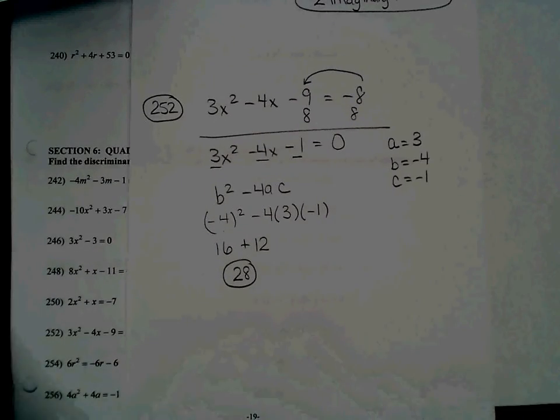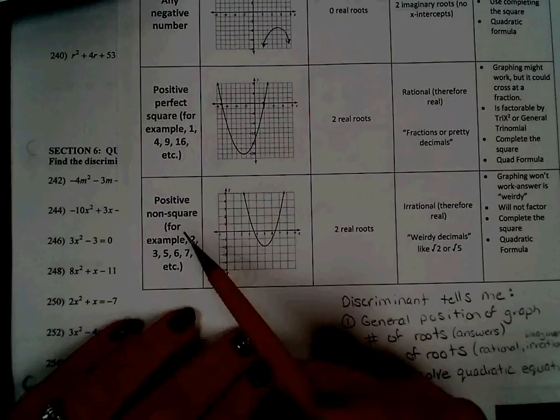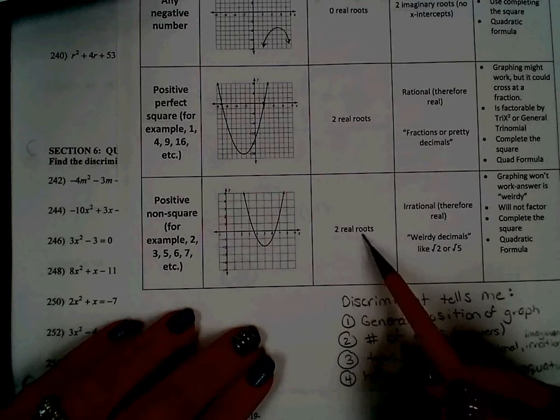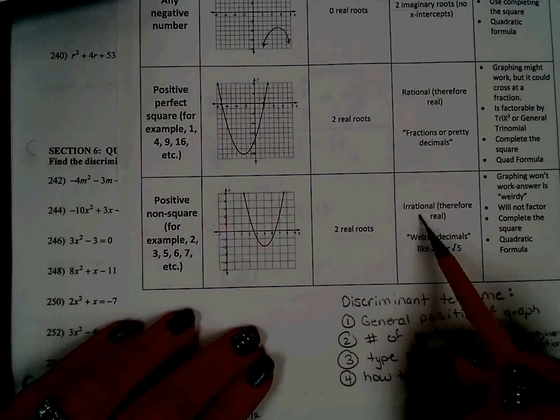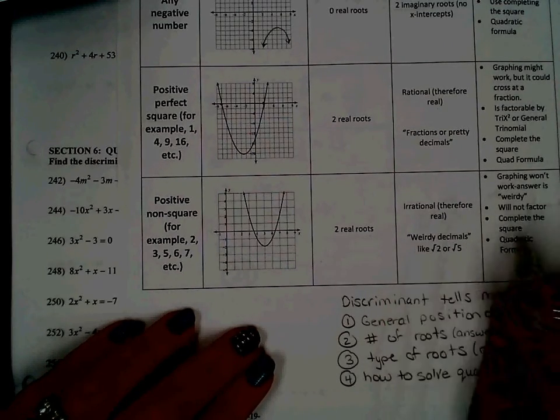Then it says the number and type of roots. I go to my chart. The discriminant is a positive non-square. 28 is not a square. So that means I have 2 real roots, and what type are they? Irrational. 2 irrational real roots.